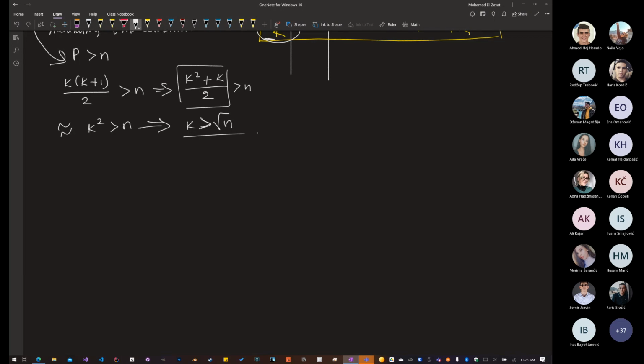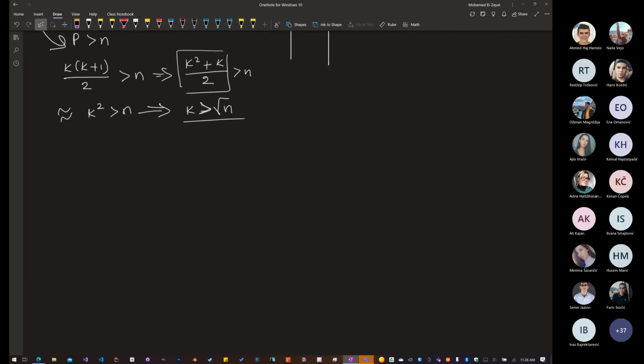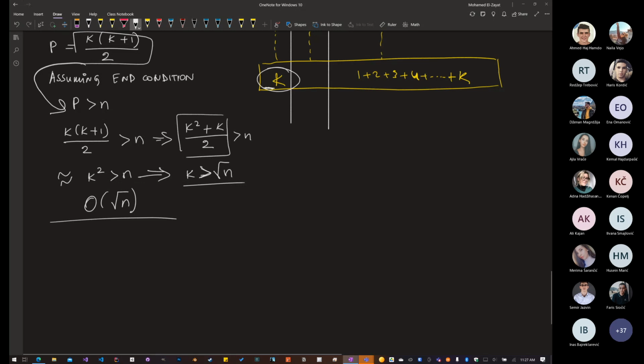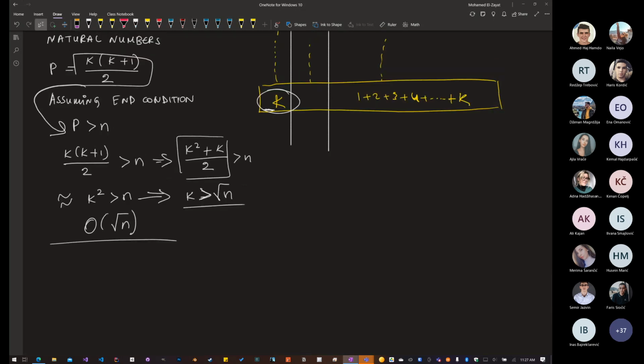And what is the polynomial order of this? O of square root of n. Does this make any sense? Yes, it does. Are you guys okay with the reasoning? Yeah, it's good. Any questions for anybody else?